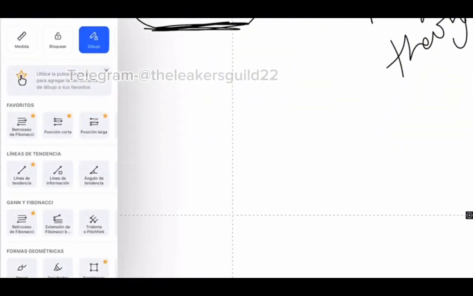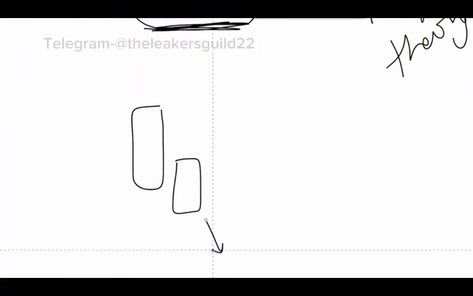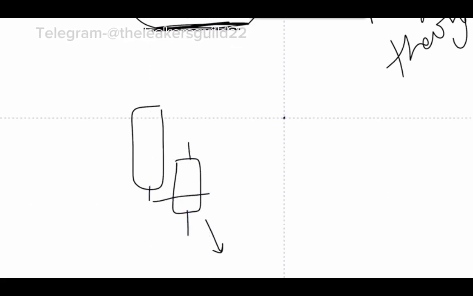Which means every single candle you see is a range, right? And this range can either be broken out of and continue downwards, right? Close below.